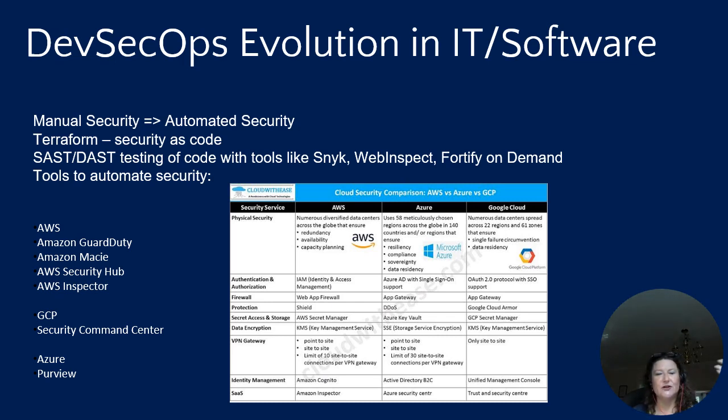Amazon AWS has GuardDuty, Macie, Security Hub, and Inspector. So GuardDuty is what we used to call IDS, which is intrusion detection. GuardDuty sits there and says, I've detected there's a problem, but it doesn't actually do much about it. It doesn't actually fix it.